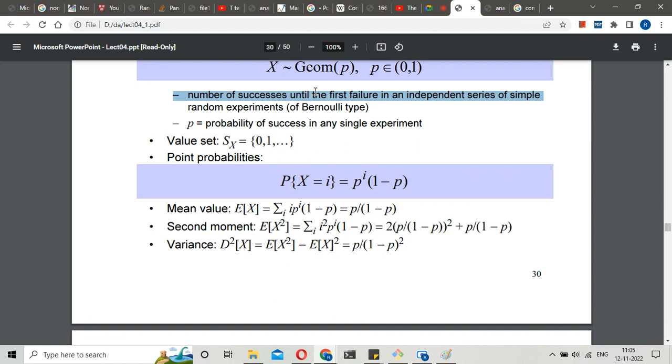Because the probability of bulbs being fine is like 99%, it will not be defective, but some can be defective. Then the geometric distribution comes into the picture to calculate the probability that the first 500 bulbs are not defective and the next one is defective. So such questions come, a geometric distribution, getting the first failure.